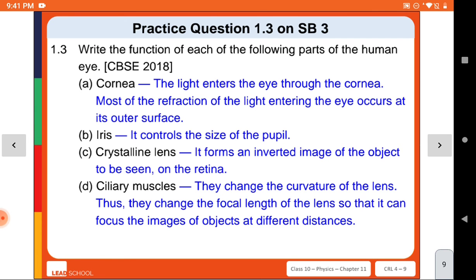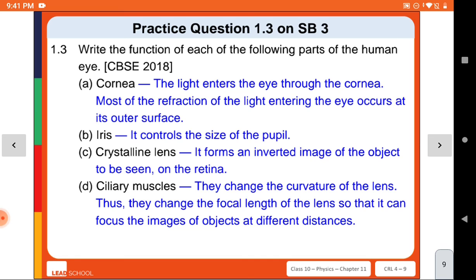The third one is 1.3 on your SB3: write the function of each part of the human eye. The cornea: light enters the eye through the cornea, and most of the refraction of light entering the eye occurs at its outer surface.